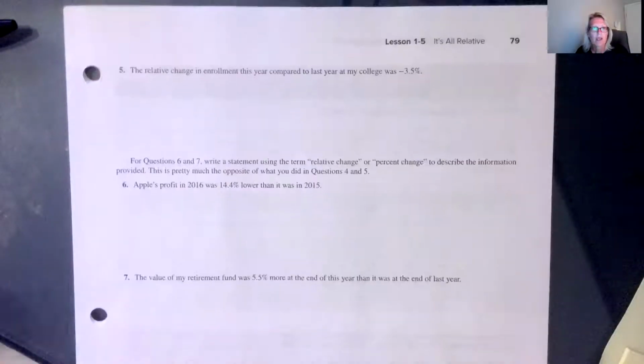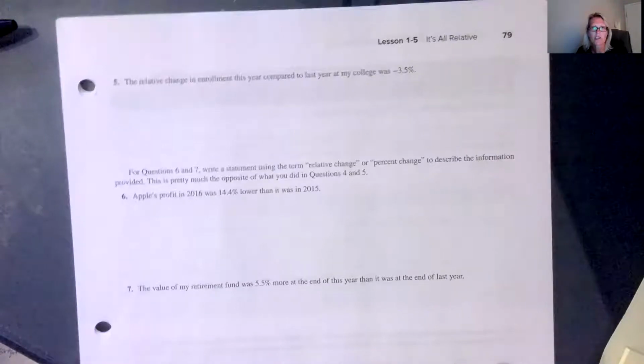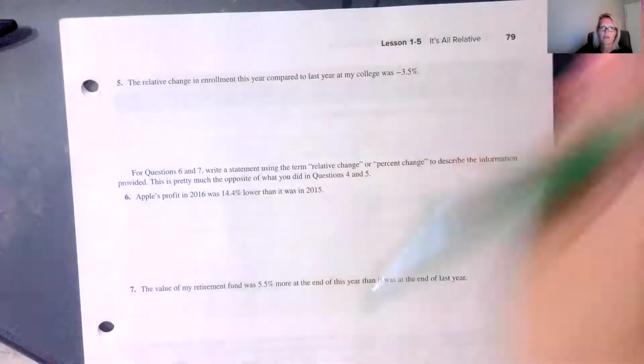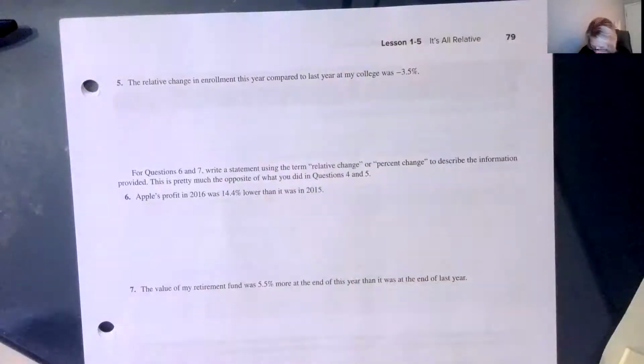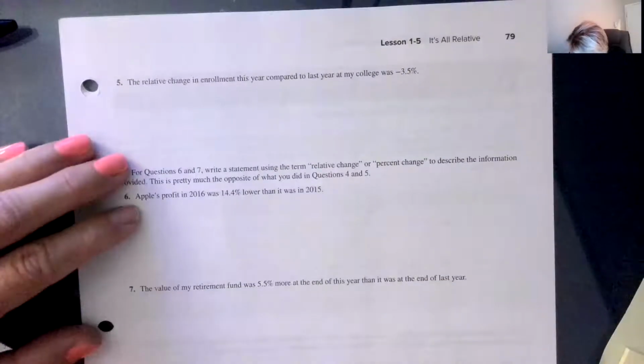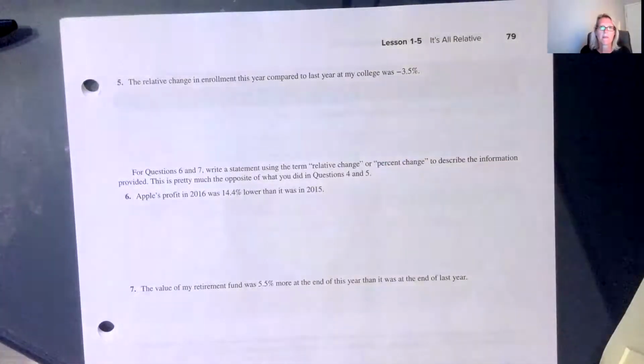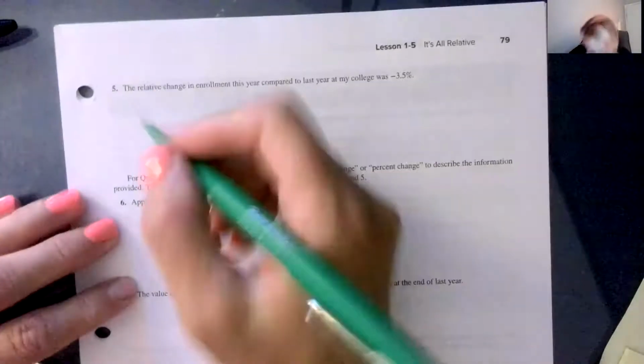Okay. The relative change in enrollment this year compared to last year at my college was a negative 3.5%. So that means it went down.